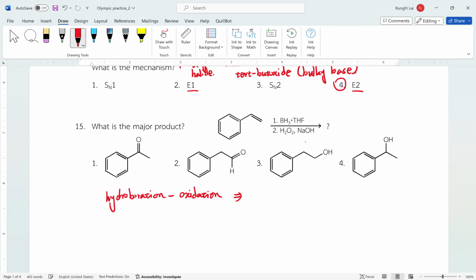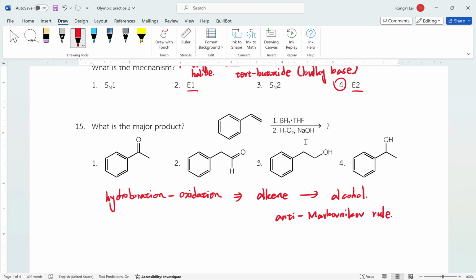So basically this reaction, you should know, converts an alkene into an alcohol. And another thing you need to know, this one will follow the anti-Markovnikov rule to generate the alcohol. That's the thing you need to know before you try to answer the question.